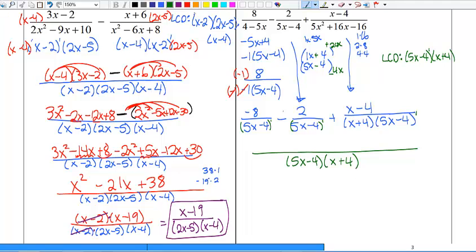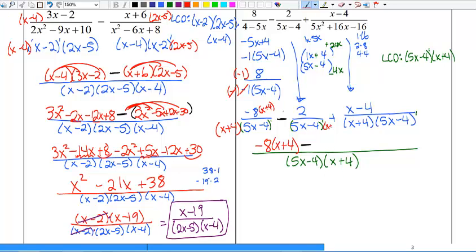On the first fraction, what is the factor that I'm missing? Well, I have the 5x minus 4. I don't have the x plus 4. So I'm going to multiply x plus 4 to both the numerator and the denominator. I'm not going to multiply that out just yet. Then the next sign is minus, so I'm going to put a minus there. On the next fraction, I have 5x minus 4, but I need x plus 4.